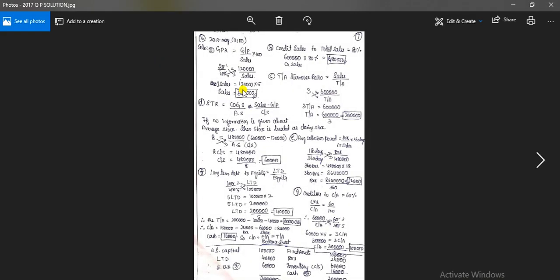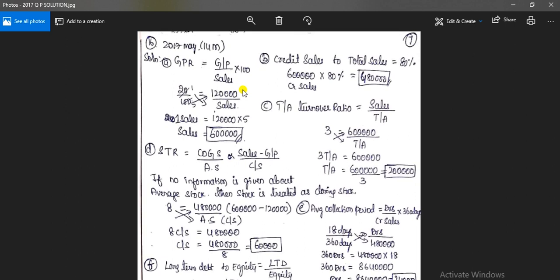Okay, in the solution, first I have calculated with the given information the GP ratio, that is gross profit ratio. You know the formula for gross profit ratio: GP divided by sales into 100. The ratio has been given as 20%. So 20 divided by 100 is equal to 1,20,000 divided by sales.